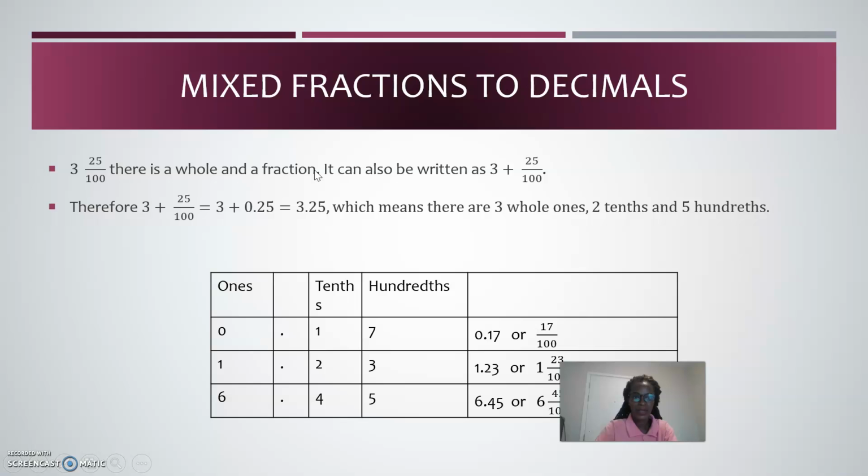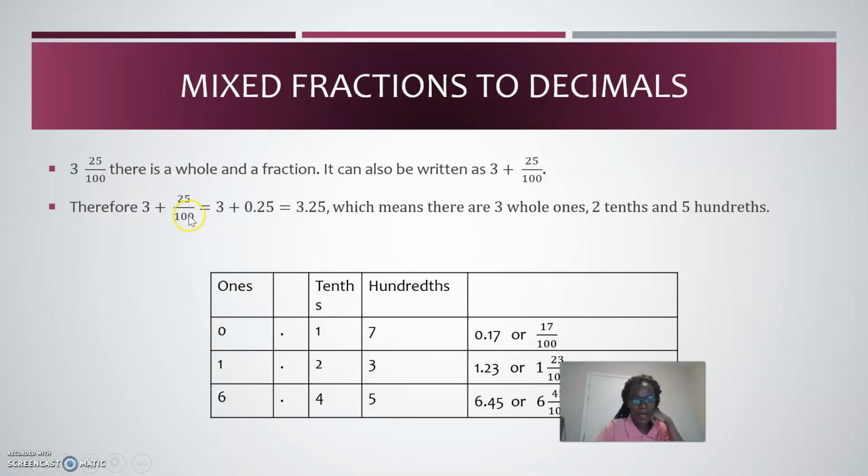Basically, this is what I've been talking about just now. It can be written as 3 plus 25 over 100. 25 over 100 is 0.25. The last time in class, I also showed you guys a shortcut that you can use.